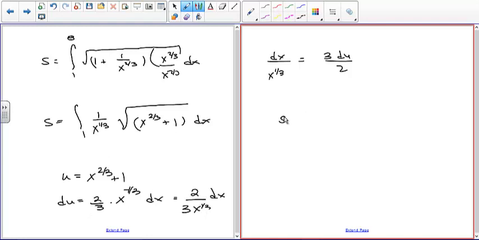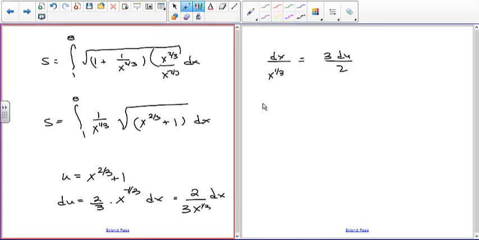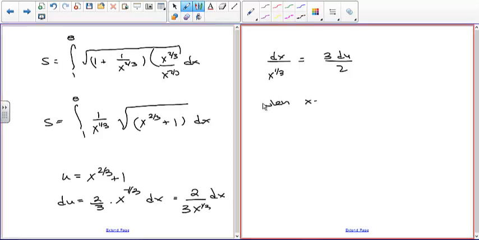And since it's a definite integral, we'll change the variables. So when x equals 8, u equals 8 to the 2/3 plus 1, which is 5, because the cube root of 8 is 2, and 2 squared is 4. 4 plus 1 is 5.